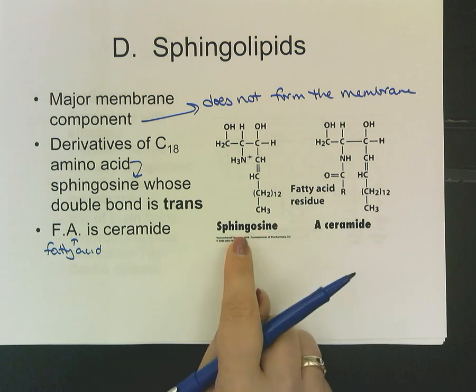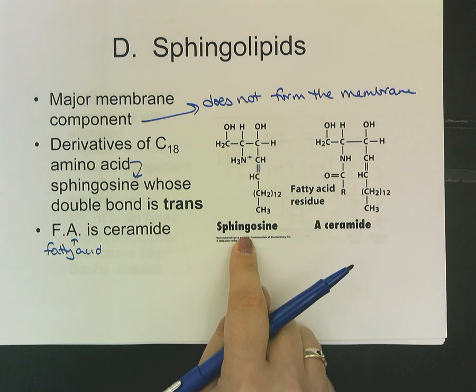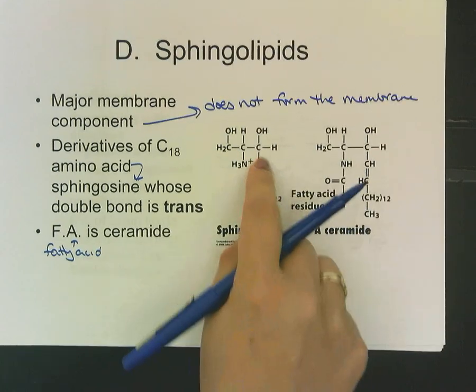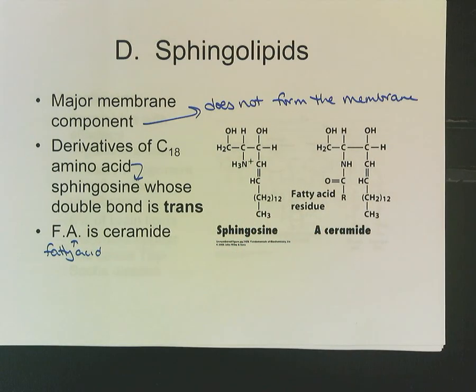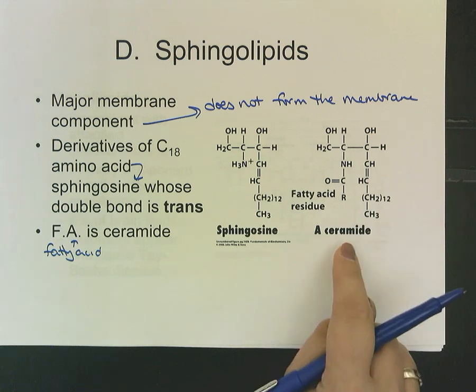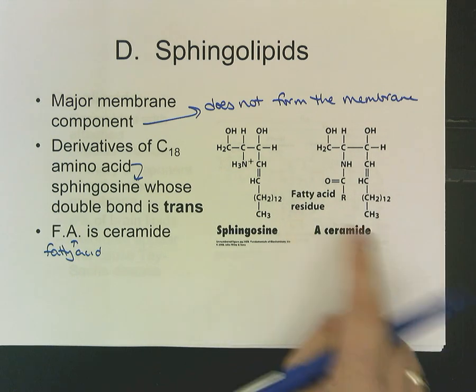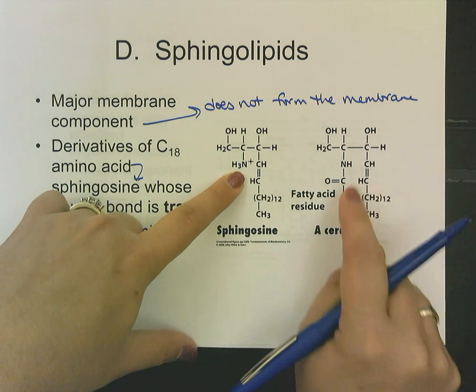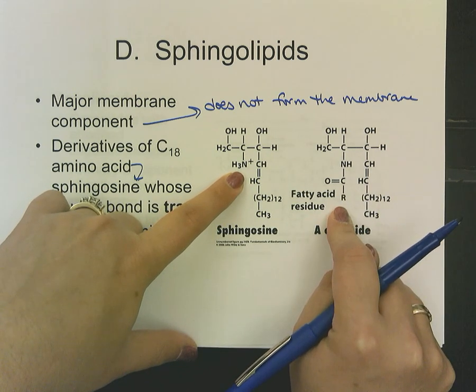So you can see, here's the amino acid sphingosine with our 12, 13, 14, 15. So our 18 carbons hanging off the bottom. The fatty acid that turns into is a ceramide, and we've changed our amine group to this amide functionality.